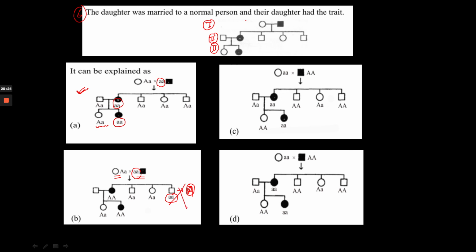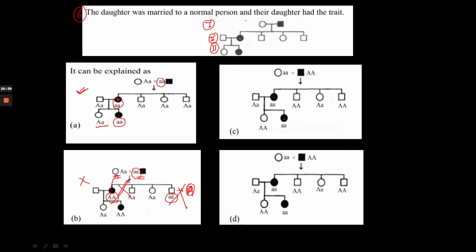So this is indeed the wrong one. Also here, the genotype is shown as capital A, capital A. One has to come from the mother, but the other has to come from the father, but the father doesn't have an A allele. So again, this is the wrong genotype. It is not correct at all.